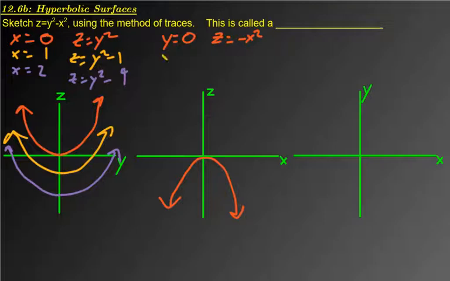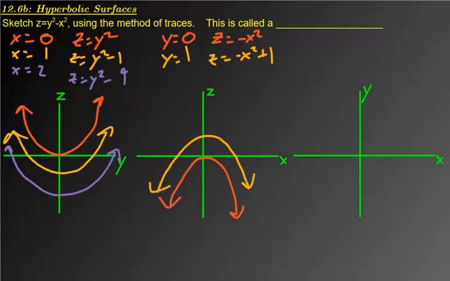If you do y equals 1, then you're going to get z equals negative x squared plus 1, which is just that previous graph shifted up 1. And you could keep doing this. You'll just get upside down parabolas that move up the z-axis, okay?